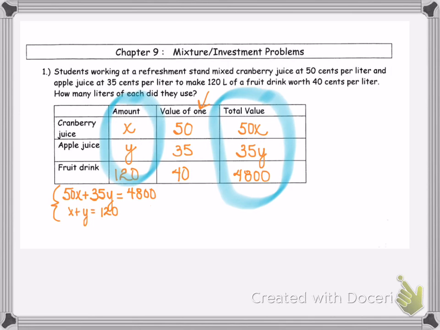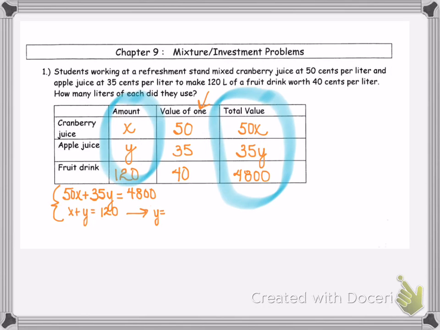And that's my system of equations. Now I want to figure out what method of solving I should use in order to solve this system. And probably the easiest one here would be substitution, where we solve this bottom one for one of the variables.